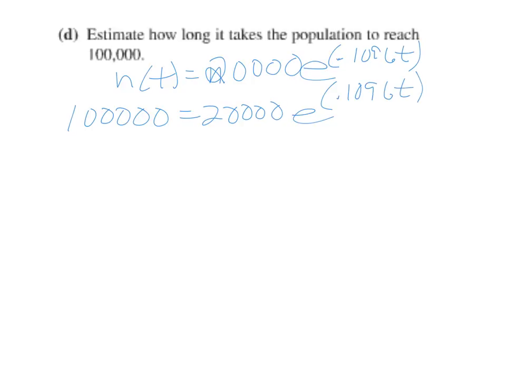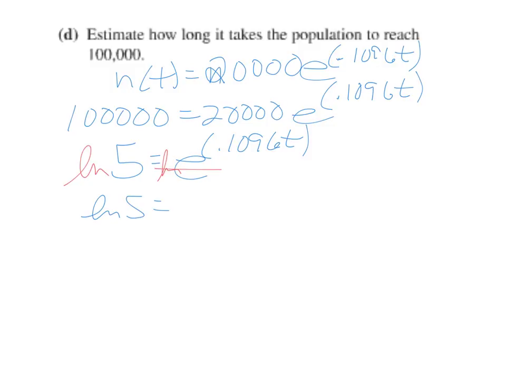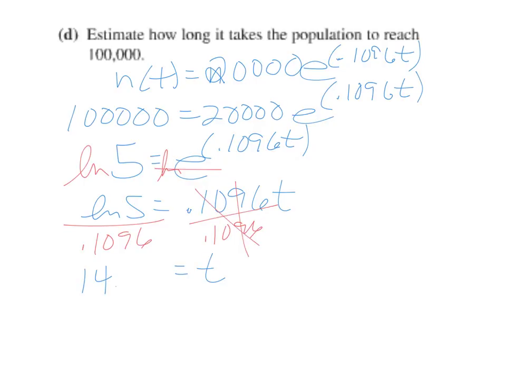Divide both sides by 20,000 and you have 5. Natural log both sides. Natural log of 5 is 0.1096t, and divide. The time is 14.68 years.